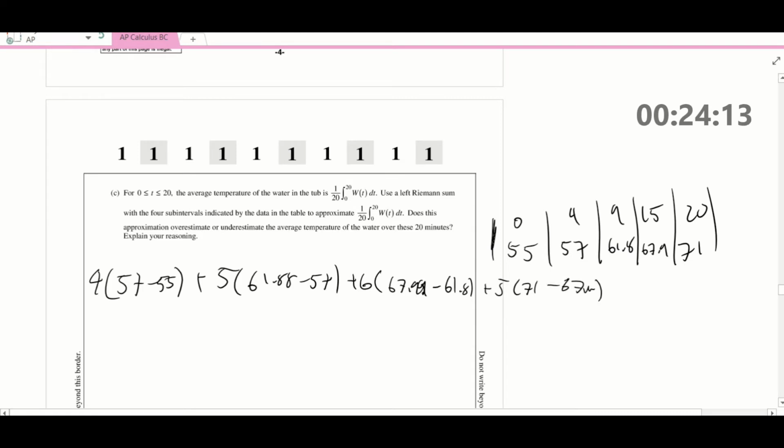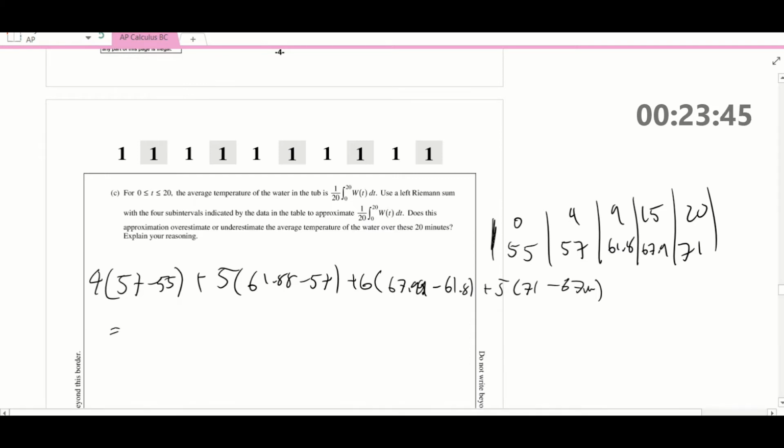And we just plug this into the calculator.